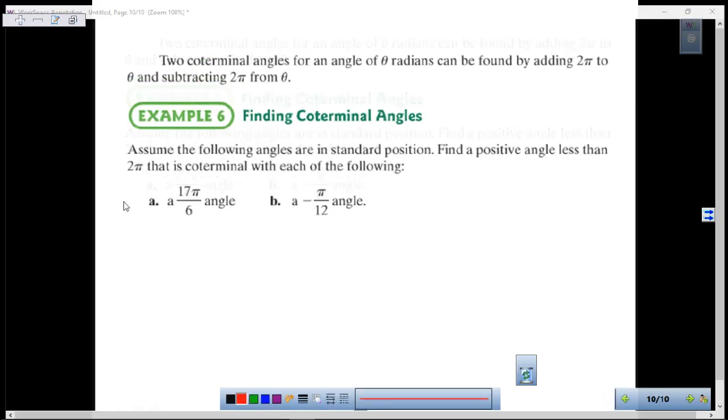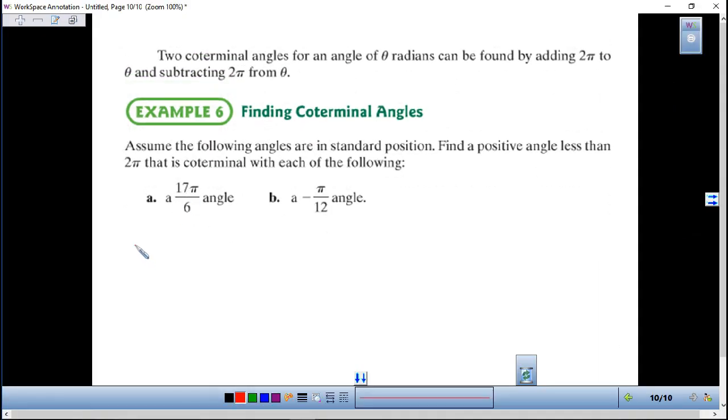So for instance, with the first one here, 17 pi over 6, we're looking for a positive angle less than 2 pi. 6 goes into 17 almost 3 times, so definitely more than 2. So we're going to subtract 2 pi.